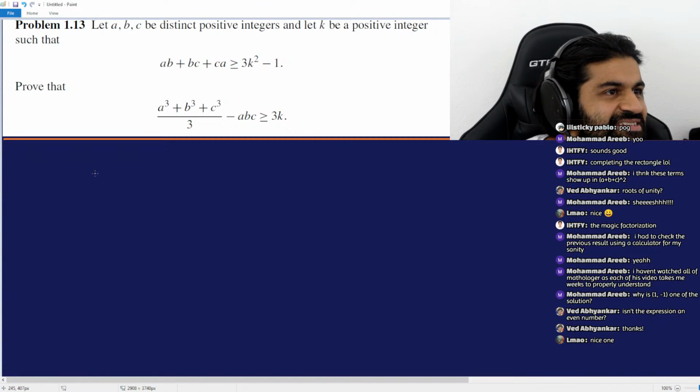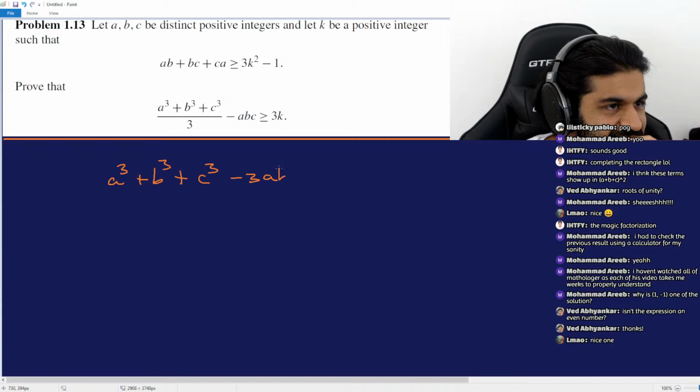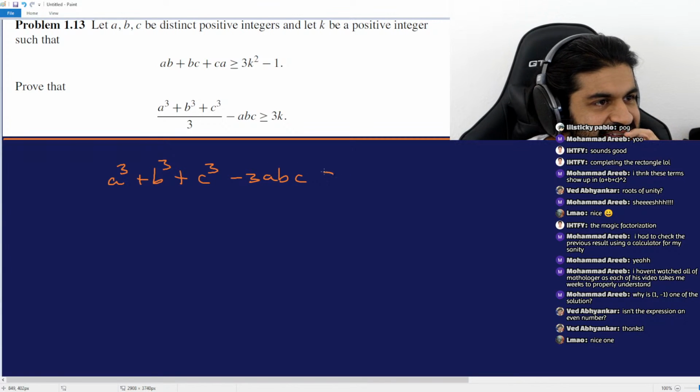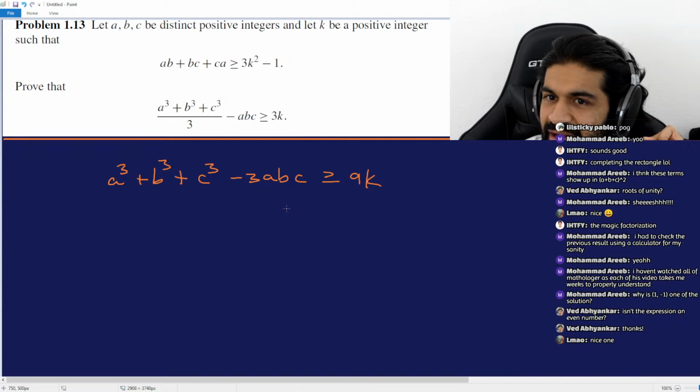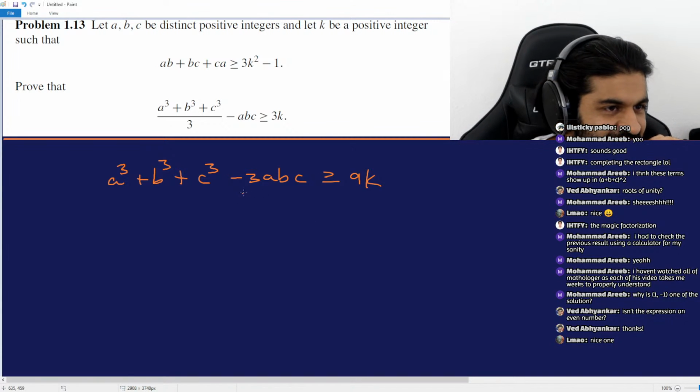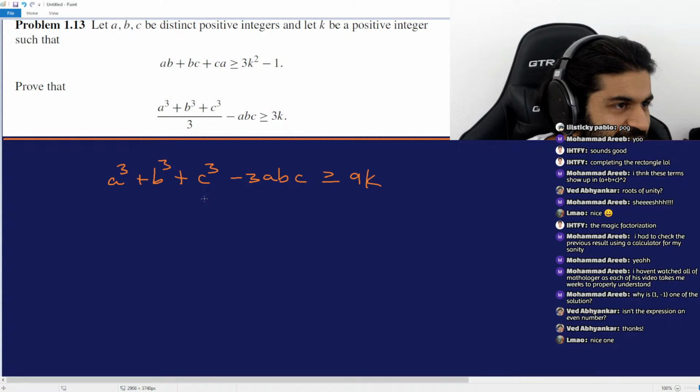It suffices to show that a cubed plus b cubed plus c cubed minus 3abc is in fact greater than or equal to 9k, right?